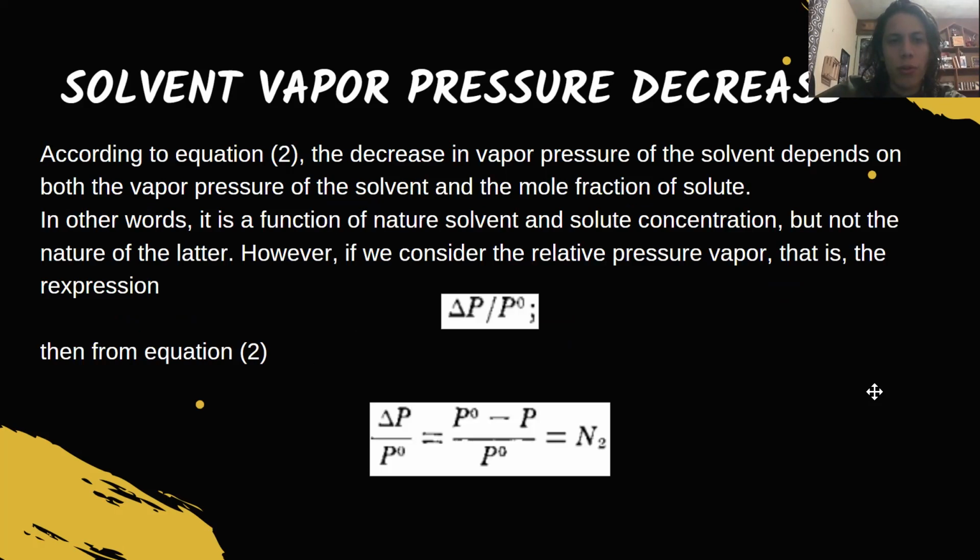According to equation 2, the decrease in the vapor pressure of the solvent depends on both the vapor pressure of the solvent and the mole fraction of the solid. In other words, it's a function of the nature of the solvent and the solute concentration, but not the nature of the latter.